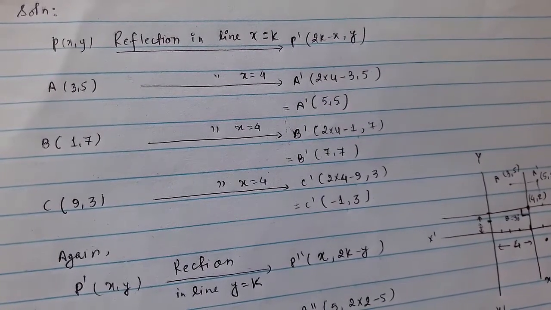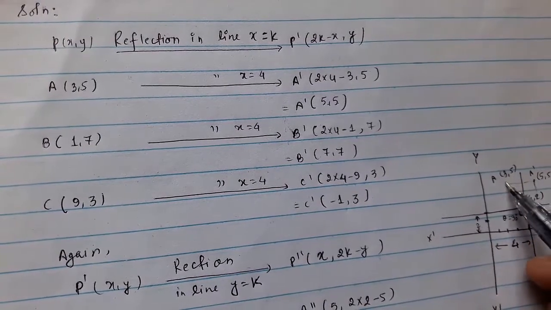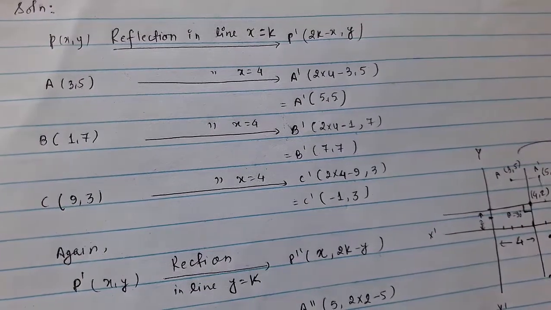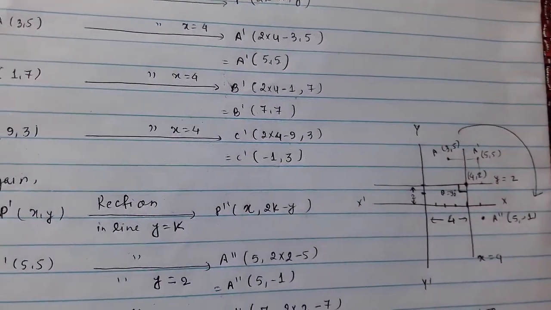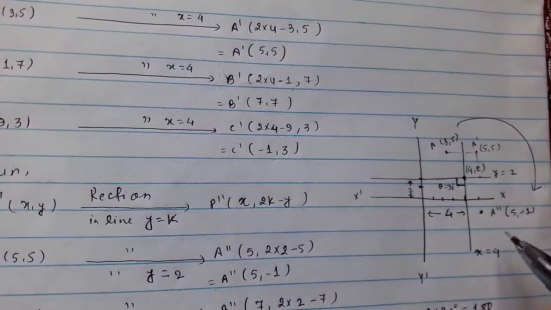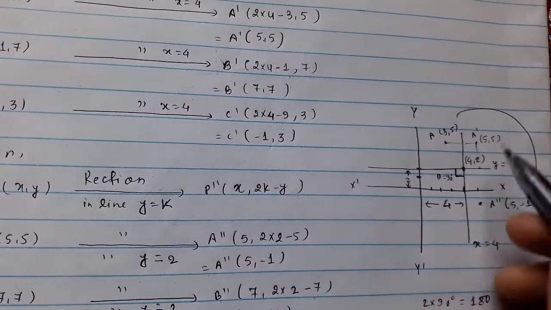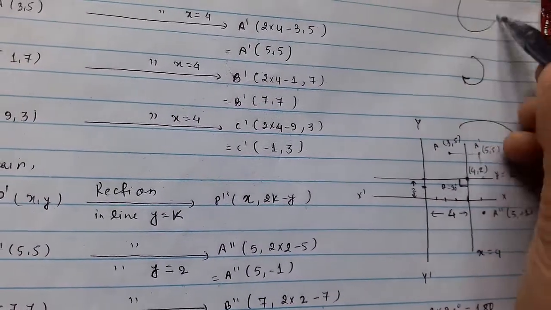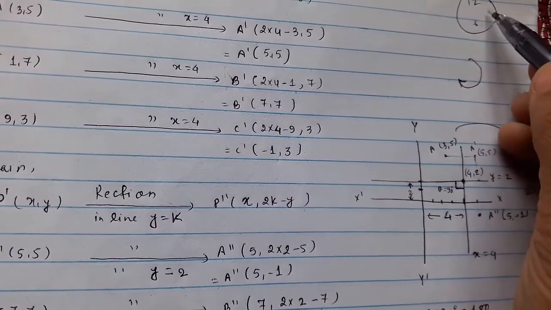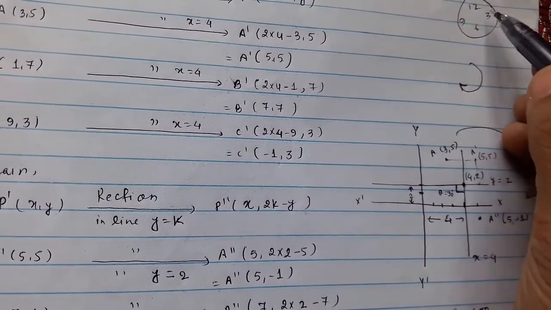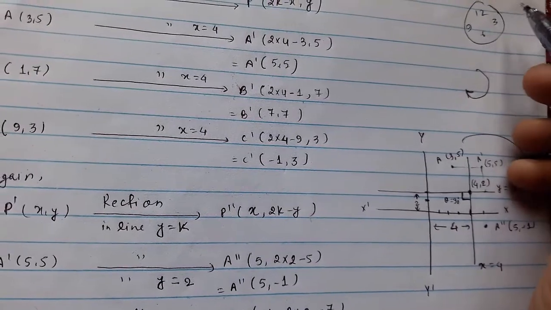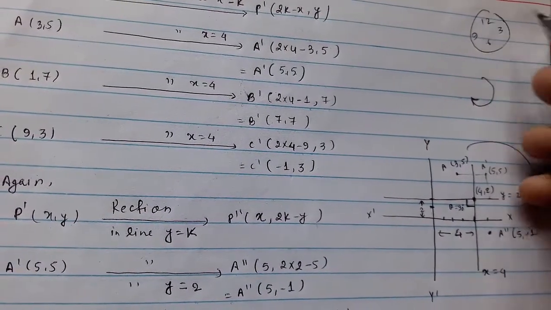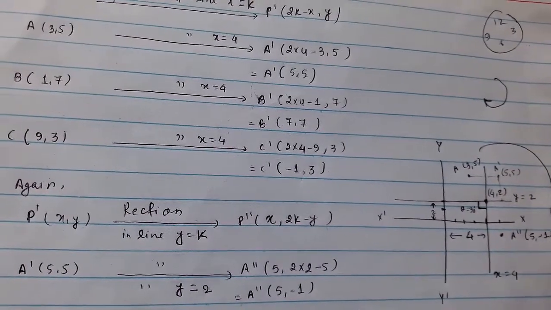See the nature of the object, in which direction it is moving. The object was here and finally the object is here, so it is turning in this way. In which direction is it? Think of a clock with 6, 12, 9, 3. Clock moves this way, and anti-clockwise means this way, but we are moving in the clockwise direction.